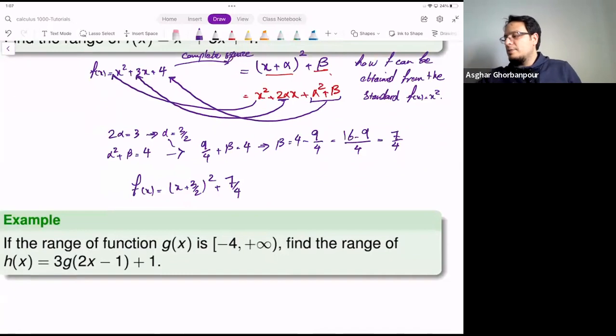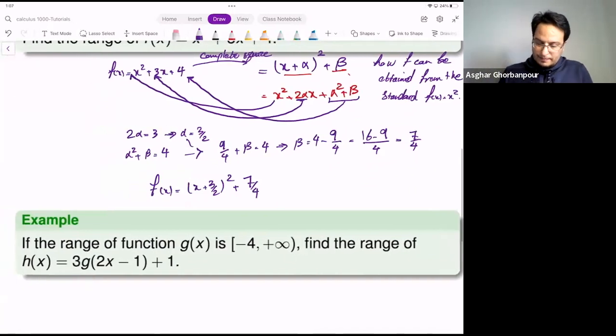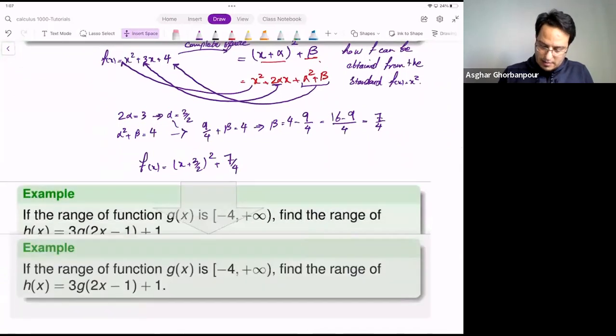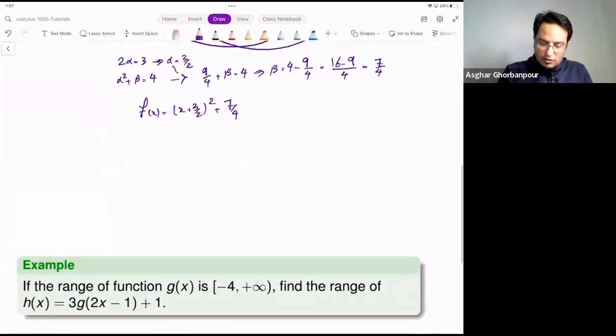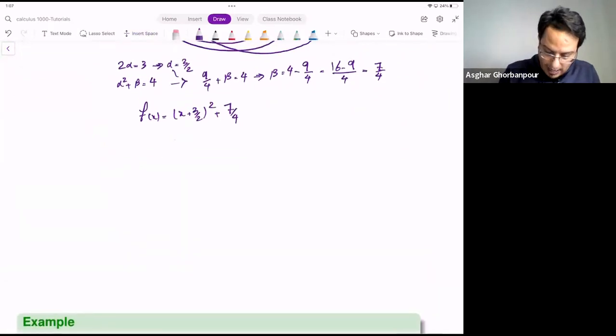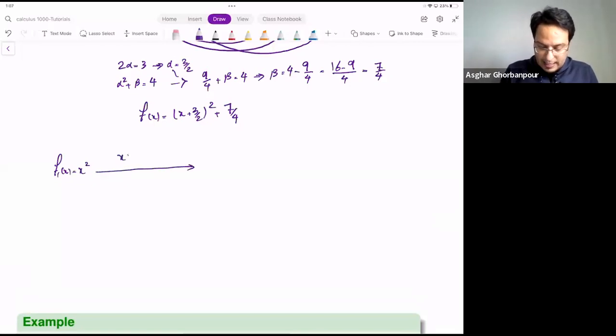Any questions, any comments so far? Well, then I can go a little bit further here and then say that, okay, nice. So I can sketch the graph of this guy by starting from the standard parabola and then turn it to this guy, which will be x plus 3/2 squared.